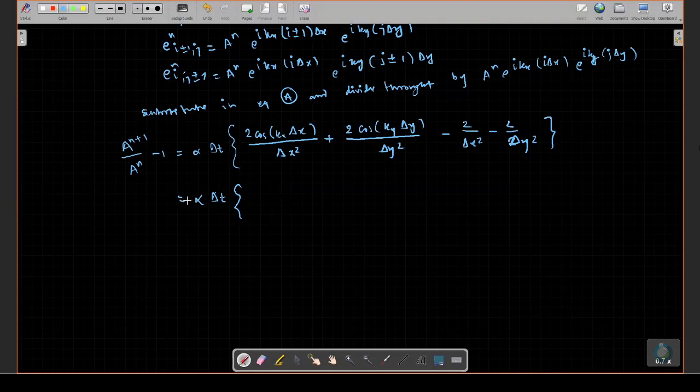So we can get it like this. 2 multiplied by 2 sine square of κ_x Δx by 2, whole over Δx square, and plus 2 sine square.